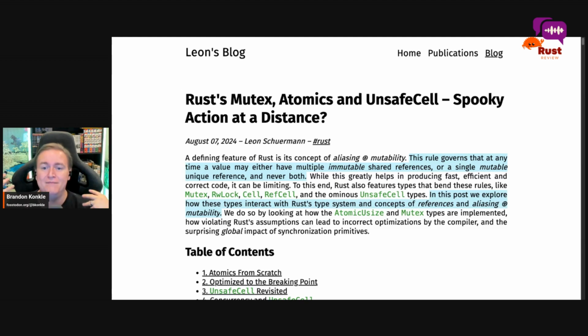So this is mainly an exploration of unsafe Rust, and to me, this really points out, man, this is what Rust is saving you from.